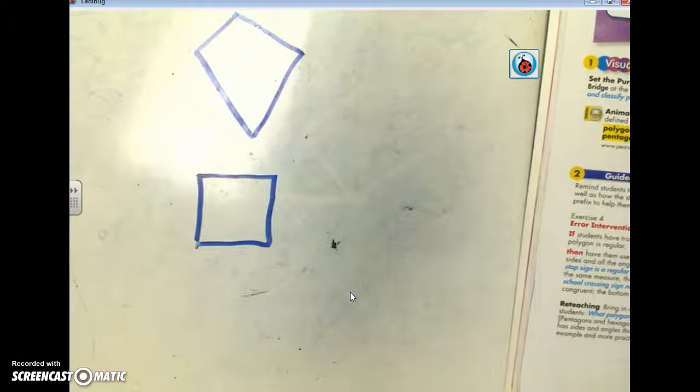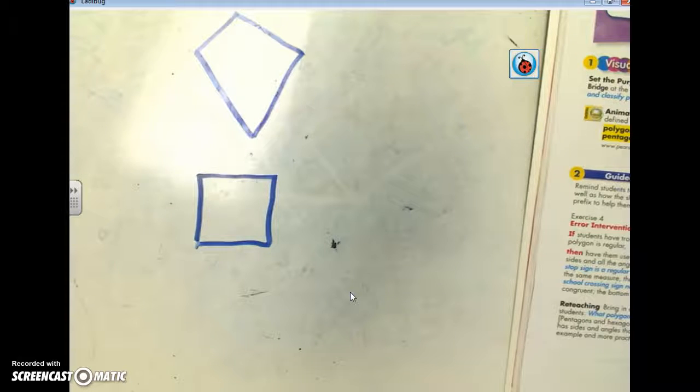So, overall, the shapes that are listed in your book are going to be the specific ones that they're going to want to know. They're going to want to make sure that you understand that a quadrilateral has 4 sides.